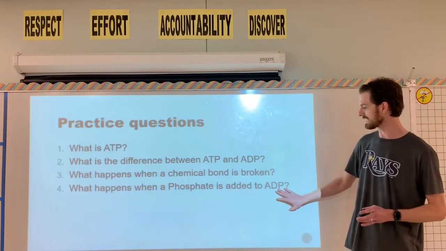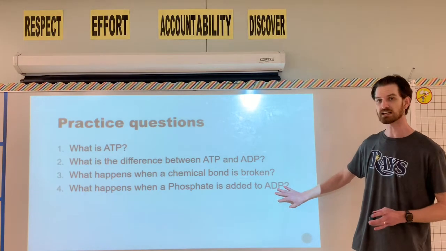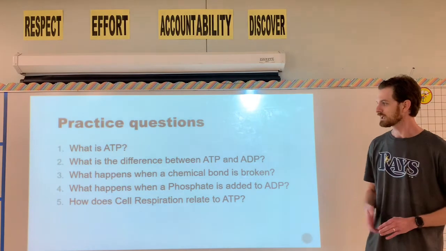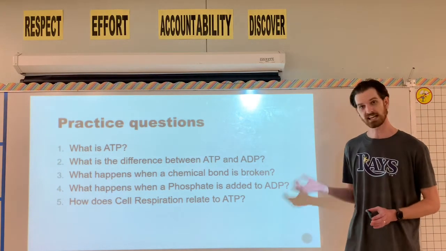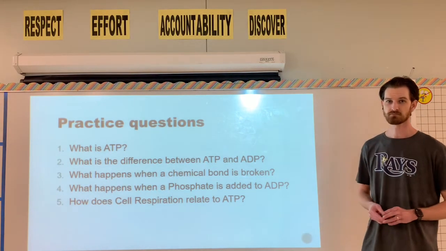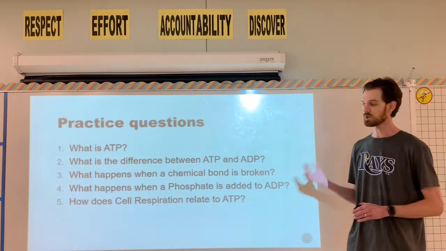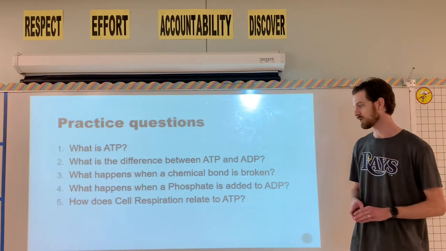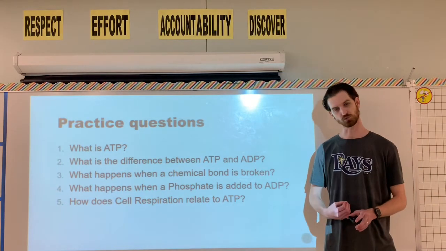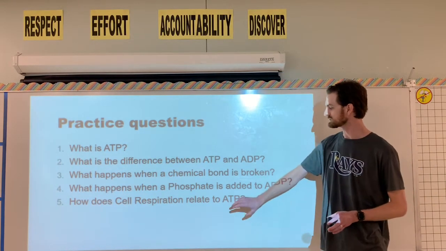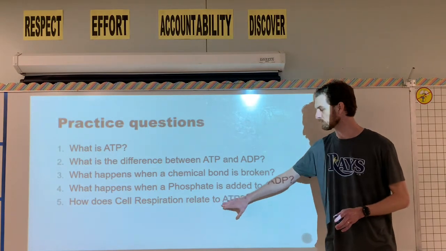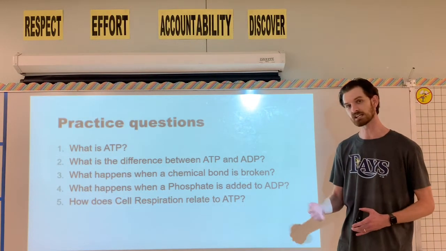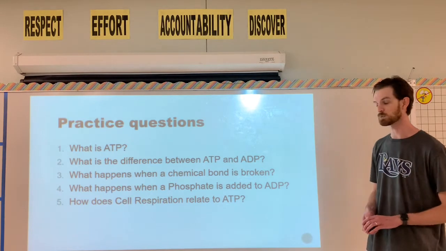If I create ATP from ADP, I'm storing up energy in that chemical bond that I just added. So how does cell respiration relate to ATP? Remember that cell respiration is the process of breaking down sugars to release their energy. So I need to break down glucose within the mitochondria to release the energy in order to build or synthesize this ATP molecule using an ADP and a phosphate that I have available within the cell.